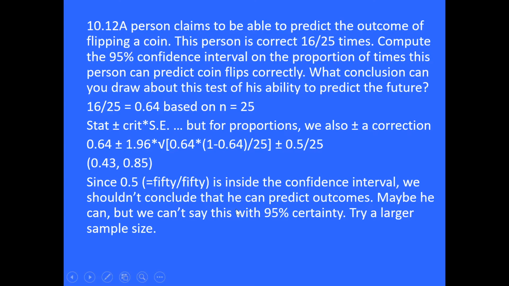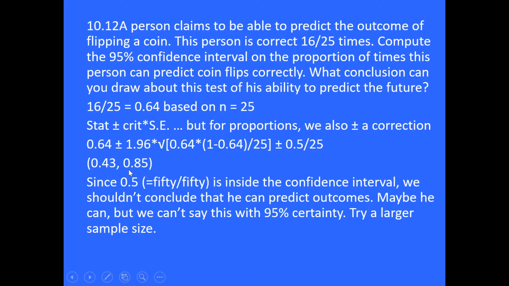Instead of flipping the coin 25 times, we could try flipping the coin 100 times and see how well this guy performs. But you can't really do anything else with this at this point. All we can do is look at the data that we have and say, well, 0.5 is in the confidence interval. Therefore, we can't really say that he can predict the outcome.